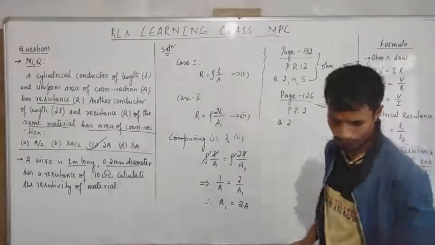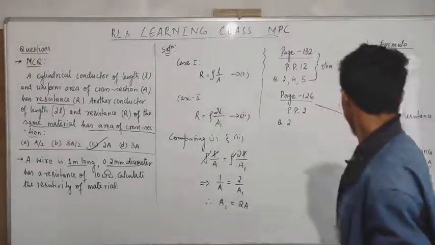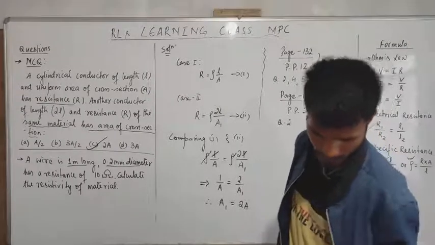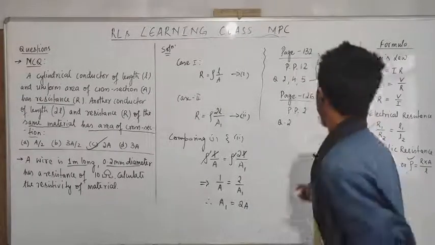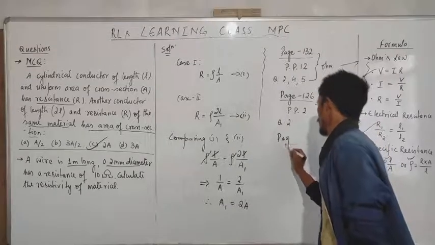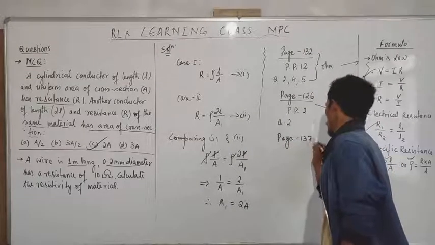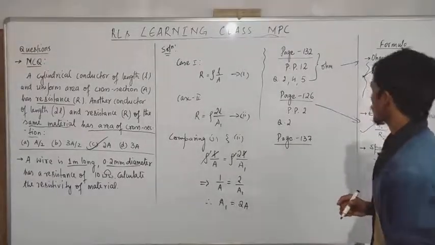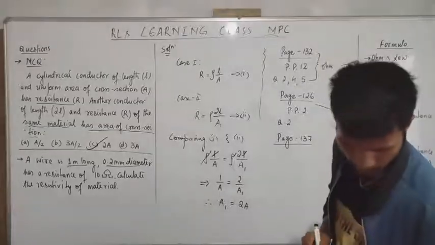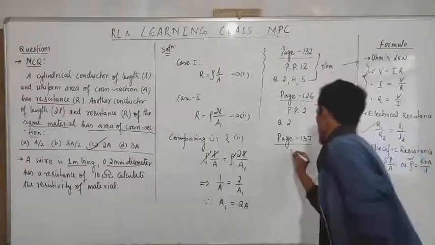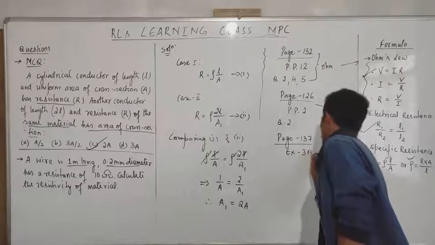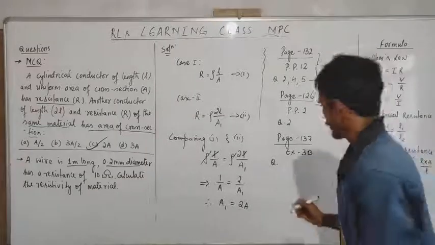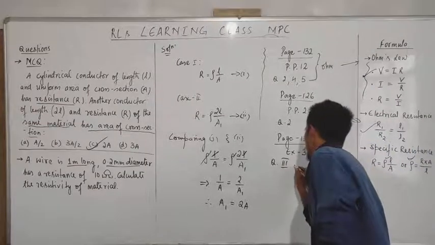Okay, now the next question related to this formula is on page number 137 of your textbook. This will be exercise 3b, question number 3.